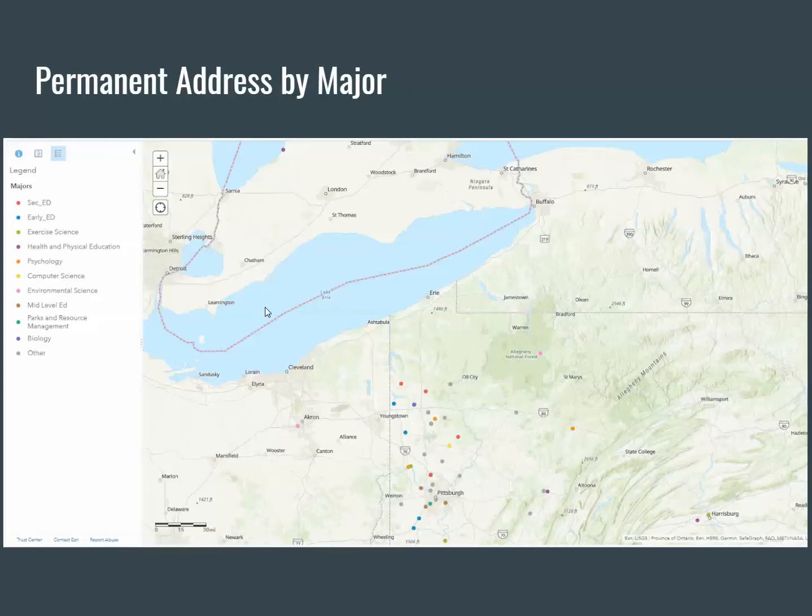We might also look at the location of certain majors. Although there are not many of them, right up here we have our secondary ed majors. Our health and physical ed majors are way out here. And so we might ask, are those distributions unique, or is that just kind of an artifact?